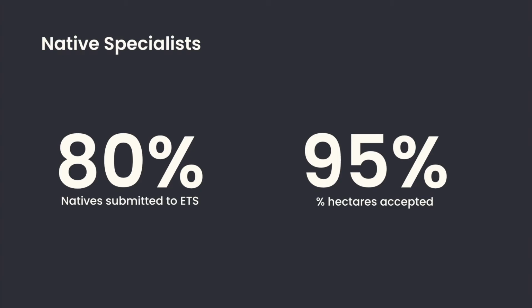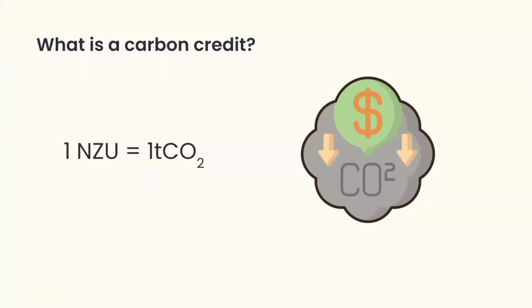And out of all of the submissions that we've done so far, MPI, the Ministry for Primary Industries, has accepted 95% of all of the hectares. So that's some stats that we're pretty proud of. That out of the way, we will go into the actual flesh of the webinar. So the first bit is, what is a carbon credit? So over to you, Rowan.